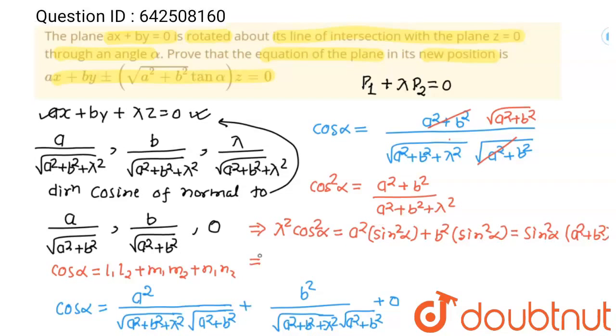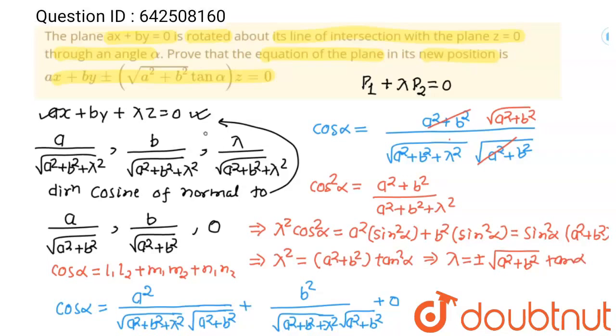From here we will get the value of lambda square as a square plus b square tan square alpha, since cos square alpha goes to the RHS and sin square alpha upon cos square alpha becomes tan square. And from here we get lambda as plus minus root under a square plus b square tan alpha.